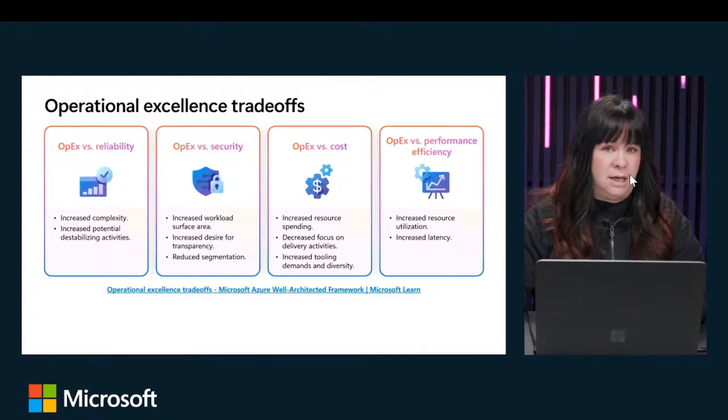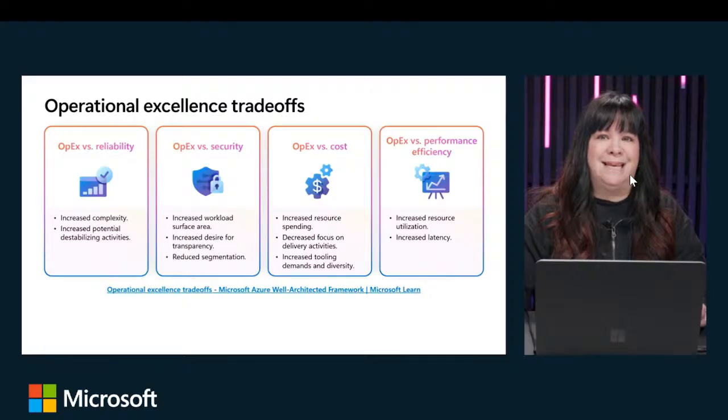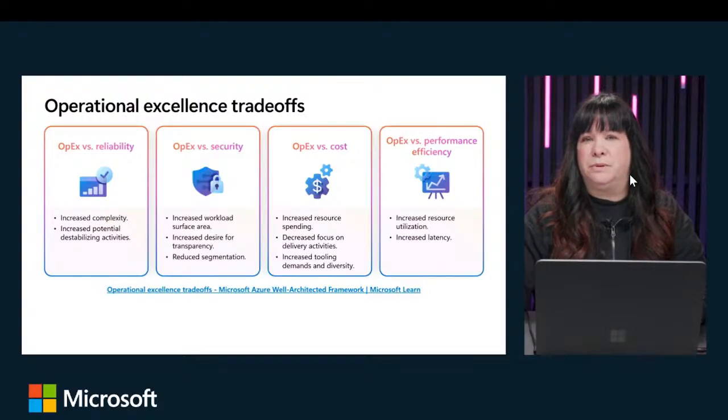Now, when it comes to cost, operational excellence can lead to increased resource spending. Implementing automation, training, and standard processes can divert focus from delivery activities and increase tooling demands. Cost optimization, however, looks to reduce resource usage and tooling sprawl, preferring a right-size approach to all tooling purchases.